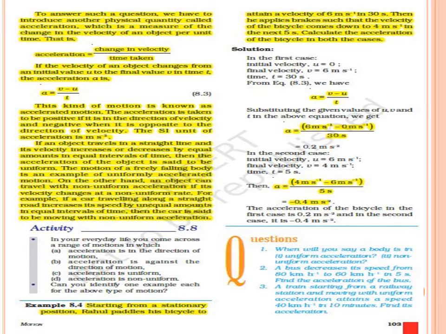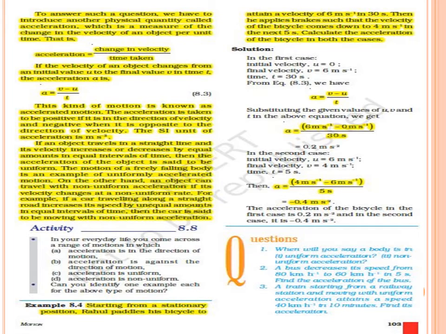In the first case, a is equal to v minus u by t, where v is 6 meter per second and u is 0. So a becomes 6 minus 0 divided by 30, that is 0.2 meter per second square. Now in the second case, initial velocity u is 6 meter per second, v is 4 meter per second, because after applying the brake the velocity changes from 6 to 4, and the time is 5 seconds.